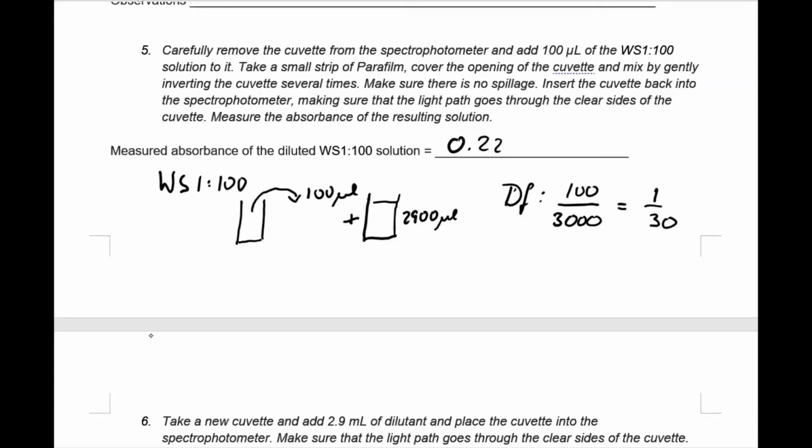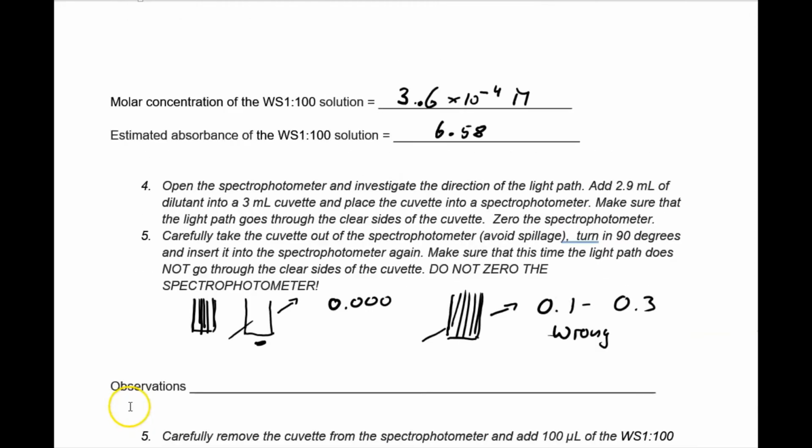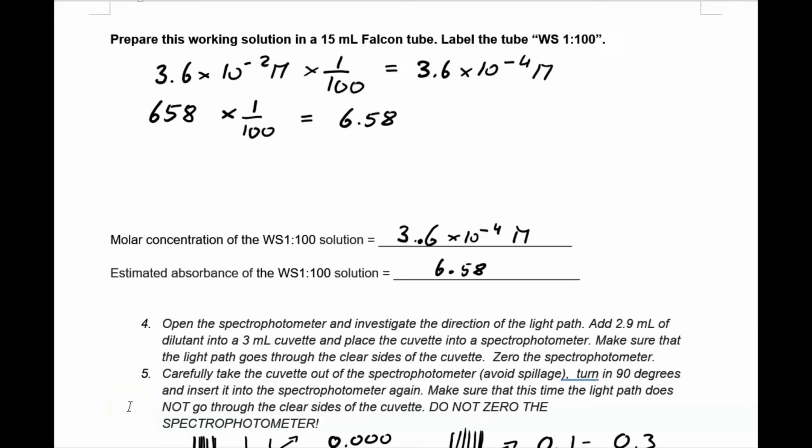Now we want to figure out, is that actually what it should be? So we can calculate what we would estimate for this working solution that we just have in this cuvette. And again, that is quite easy because we said that our original working solution that we prepared has an absorbance of 6.58 that we've prepared here in this step.